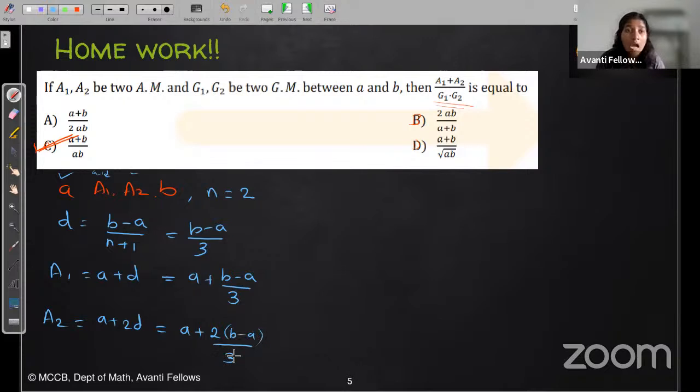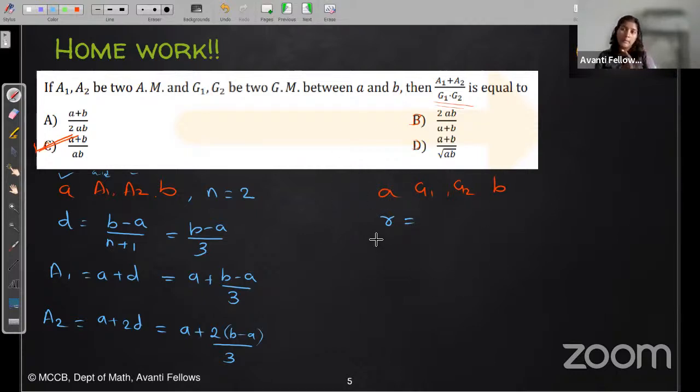Fine. Now, they have also said that G1 and G2 are the two geometric means between A and B. So these are A and B, and we have two geometric means, G1 and G2, between them. Now tell me, what will be the common ratio here if we have two geometric means between A and B? Even this we have seen in the previous classes, right?